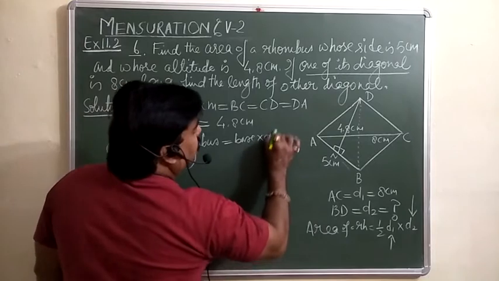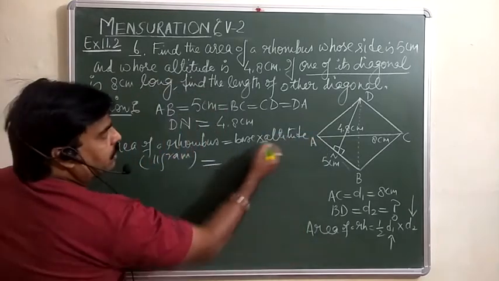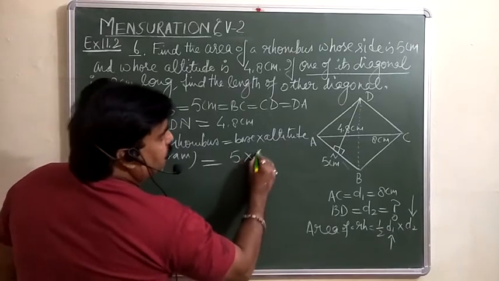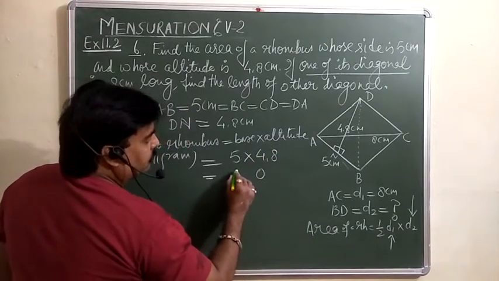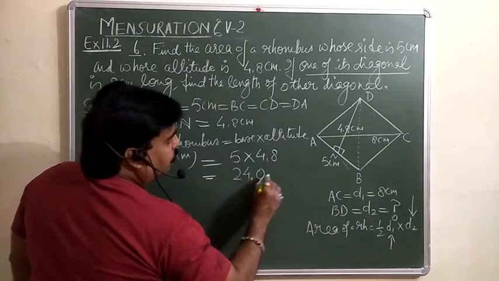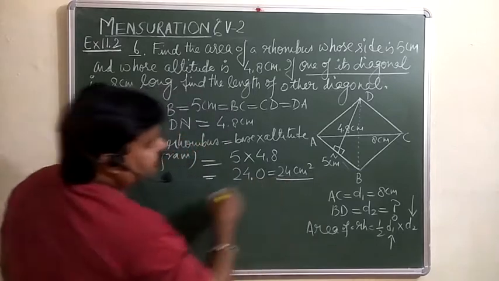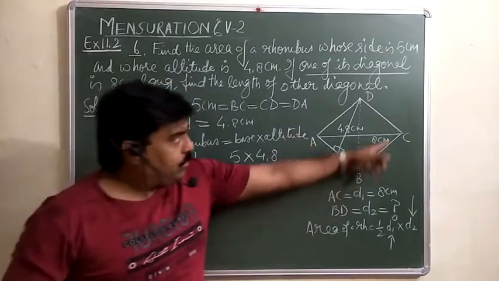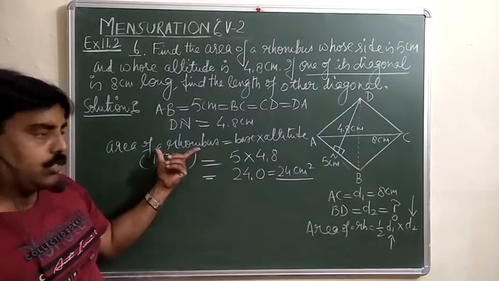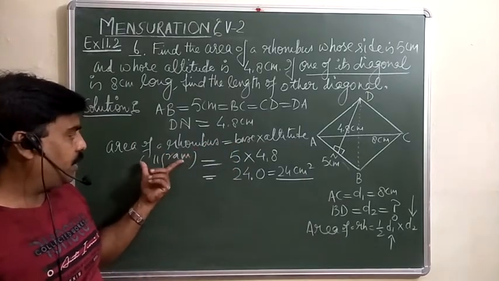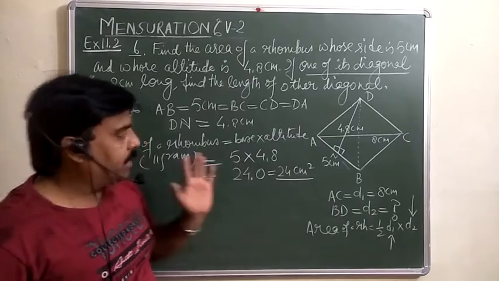Base we already know is 5, altitude is 4.8. So this is equal to 24, that is 24 centimeter square. This is the area of this rhombus. You multiply these and you get the area.